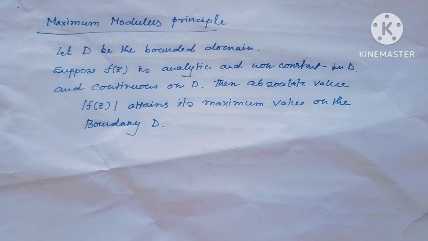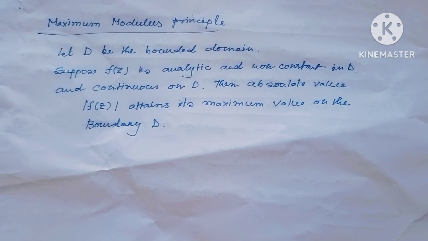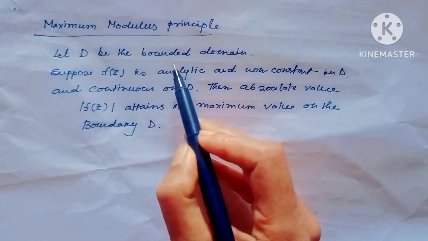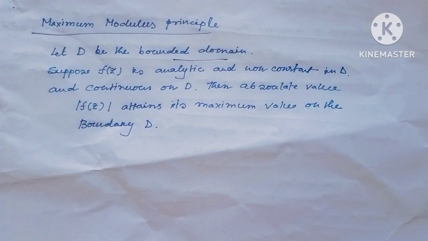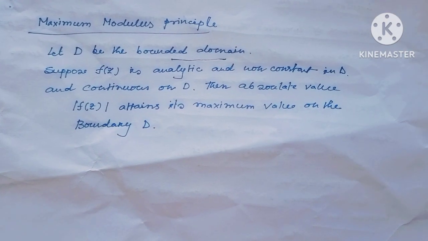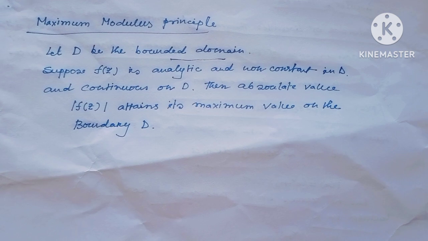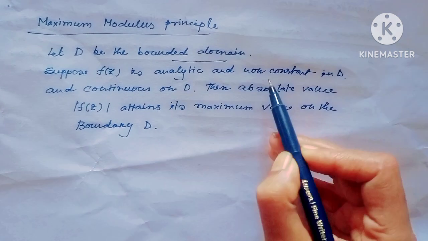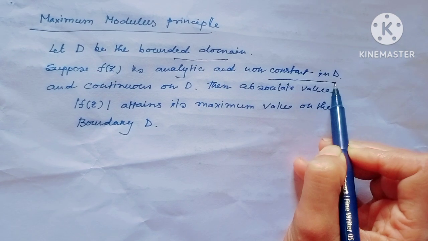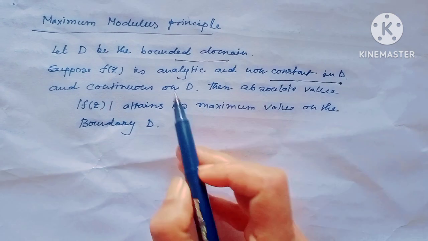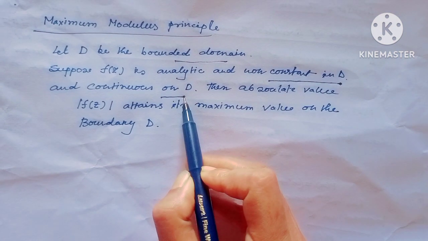The next version of the maximum modulus principle is: let D be a bounded domain. Obviously this is a necessary condition. Suppose f(z) is analytic and non-constant in this domain and continuous on its closure.